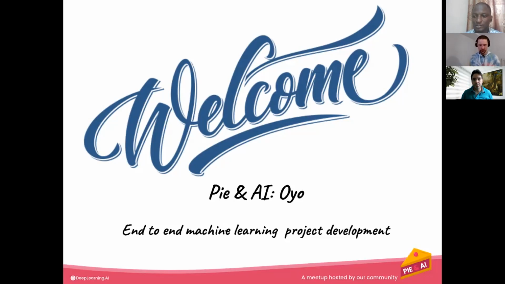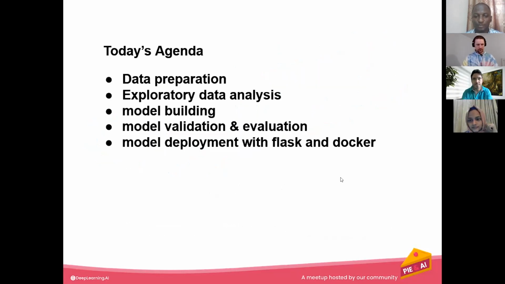Today is all about end-to-end machine learning project development. We'll be touching on data preparation, exploratory data analysis, model building, model validation and evaluation, as well as deployment with Flask and Docker.